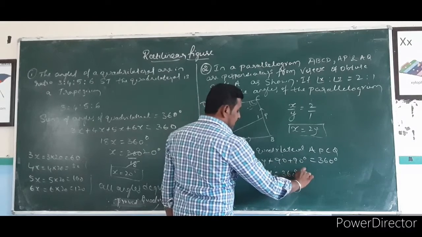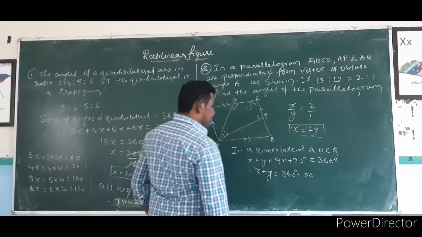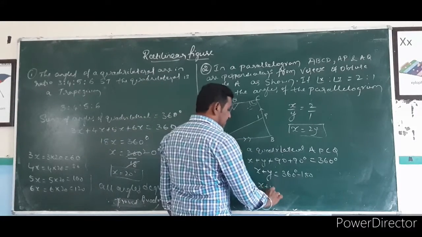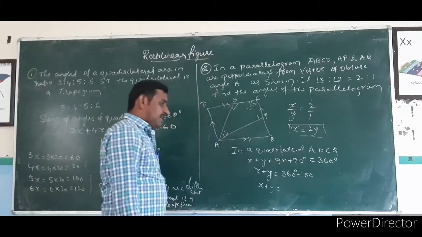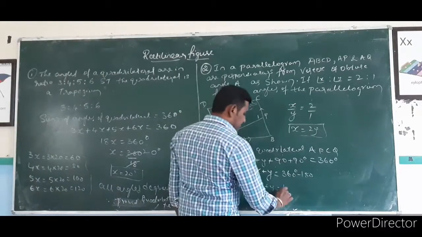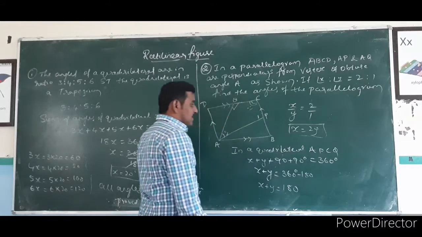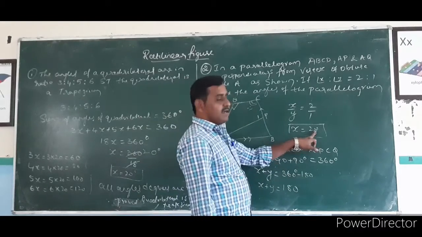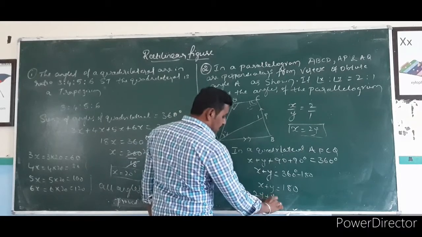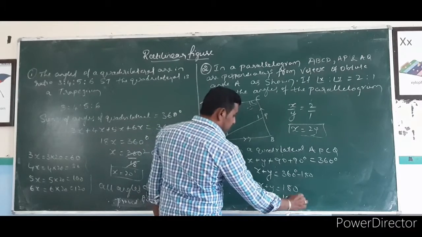We can shift it to this side. So what answer are you getting here? x plus y, in 360, 180 goes, means 180. So we know that x is equal to 2y. We can replace here: 2y plus y is 180.